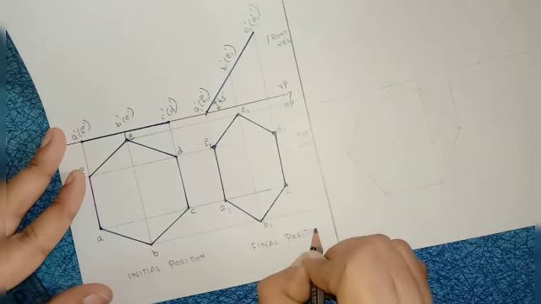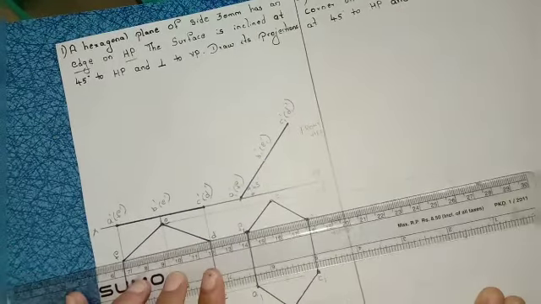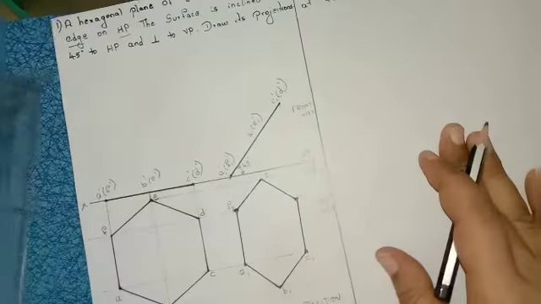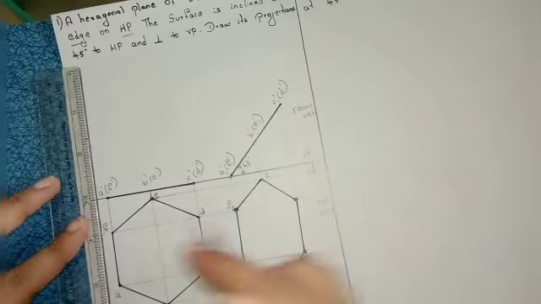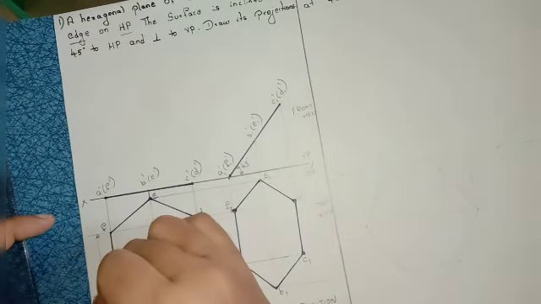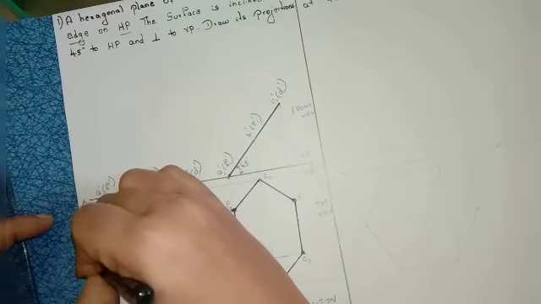And don't forget to mark dimensions. Here length of the hexagon is 30 mm. Draw the dimensional line, closed and filled arrow marks, 30 mm.